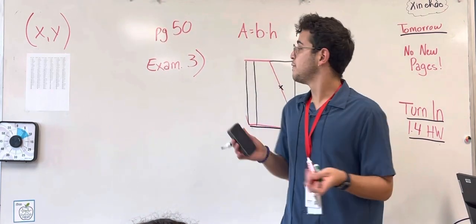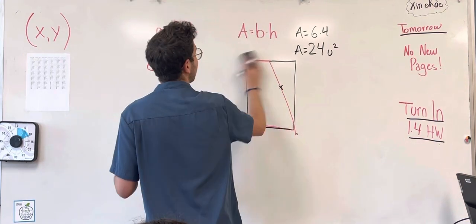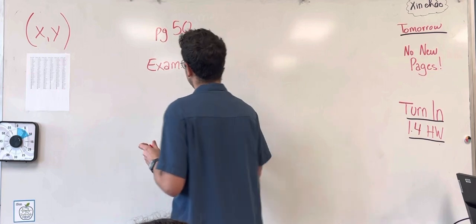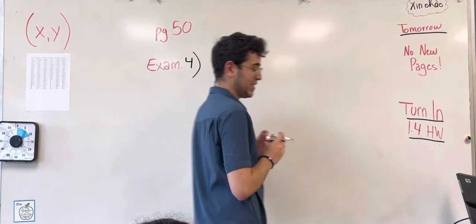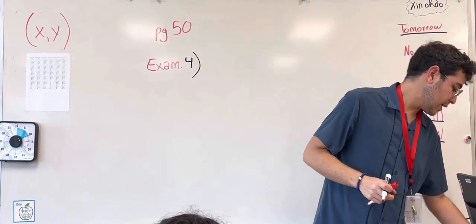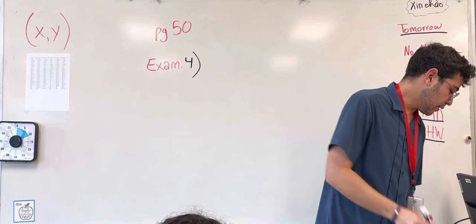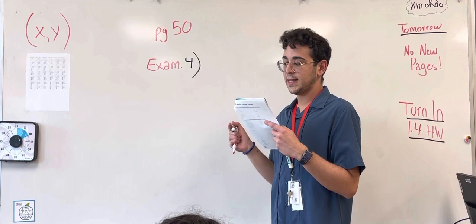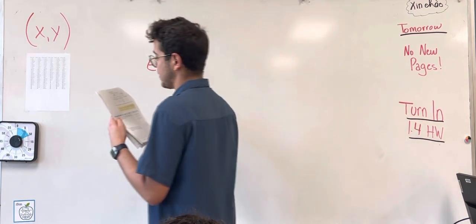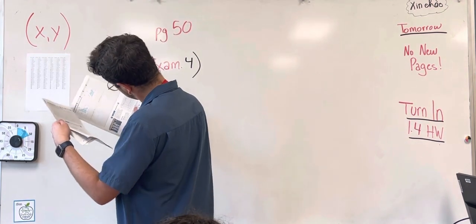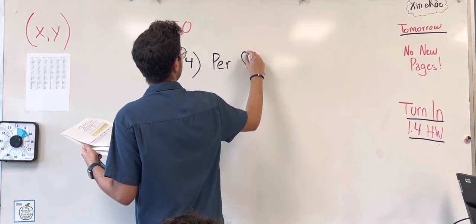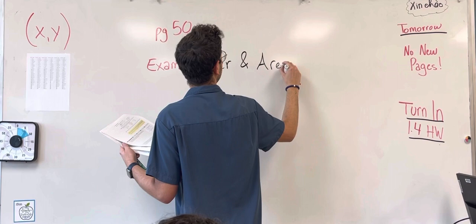Okay? Finally, we're going to look at example 4, and then I'll give you a few homework problems to help you on your journey tonight. So, example 4 is just the perimeter and area of a square.